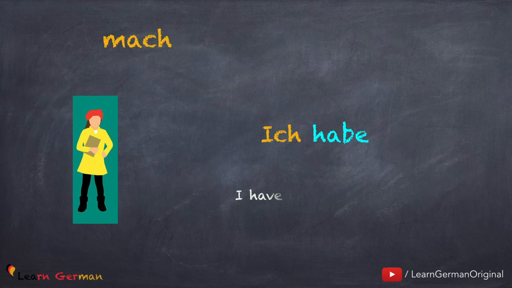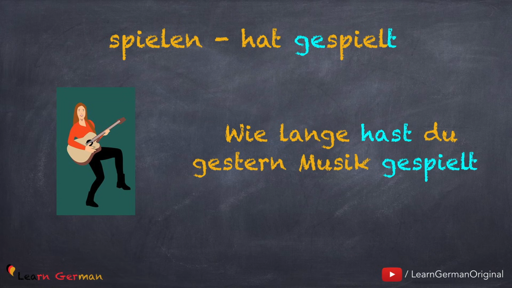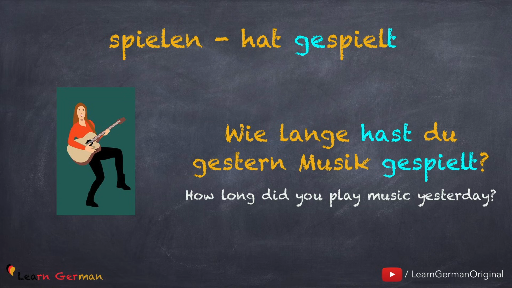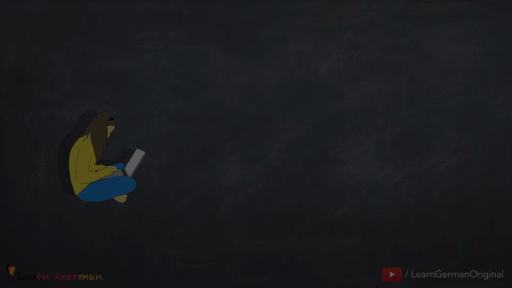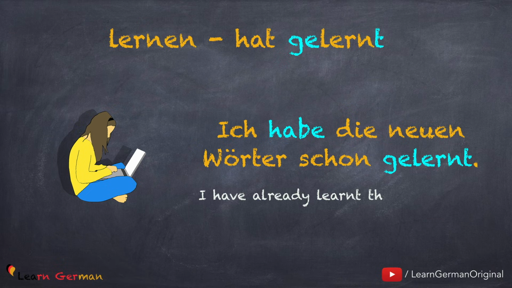Here are some more examples with regular verbs. Spielen, hat gespielt. Wie lange hast du gestern Musik gespielt? The next verb is lernen, hat gelernt. Ich habe die neuen Wörter schon gelernt.